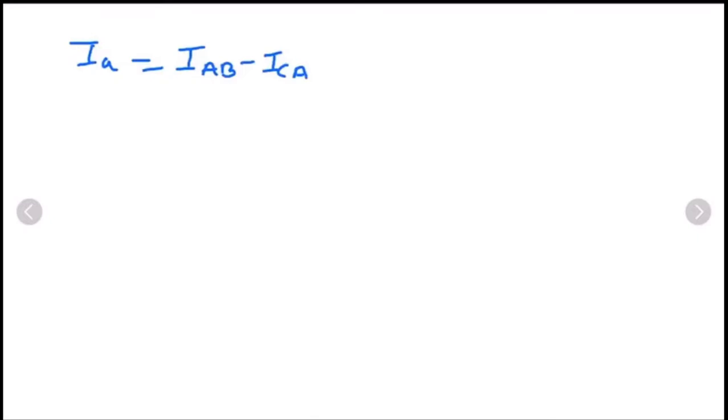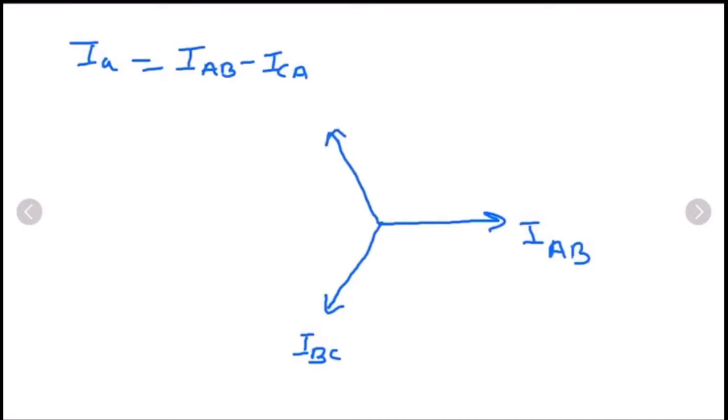The phase currents are IAB, which we are taking as reference current, and IBC will be here, as we know that they will have 120 degree phase difference. So I am trying to make almost 120 degree phase difference over here. This is 120, this is 120, and this is 120.